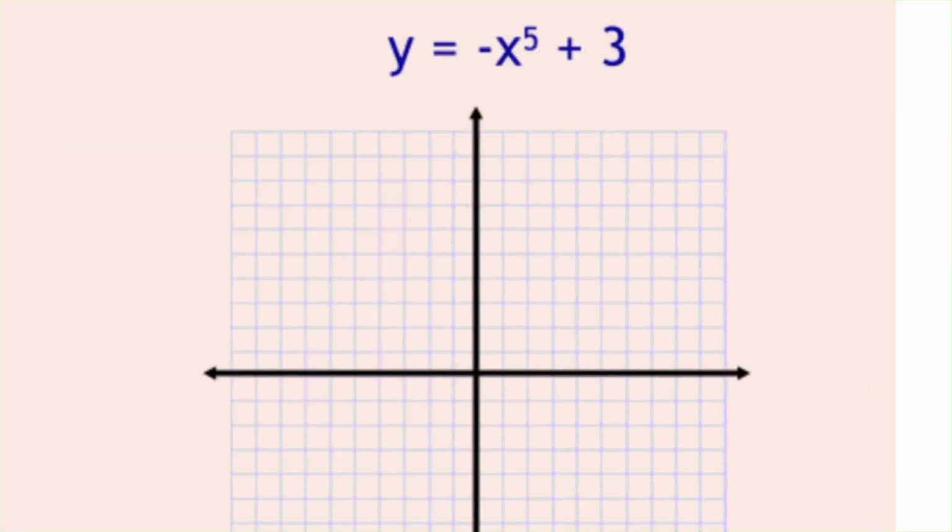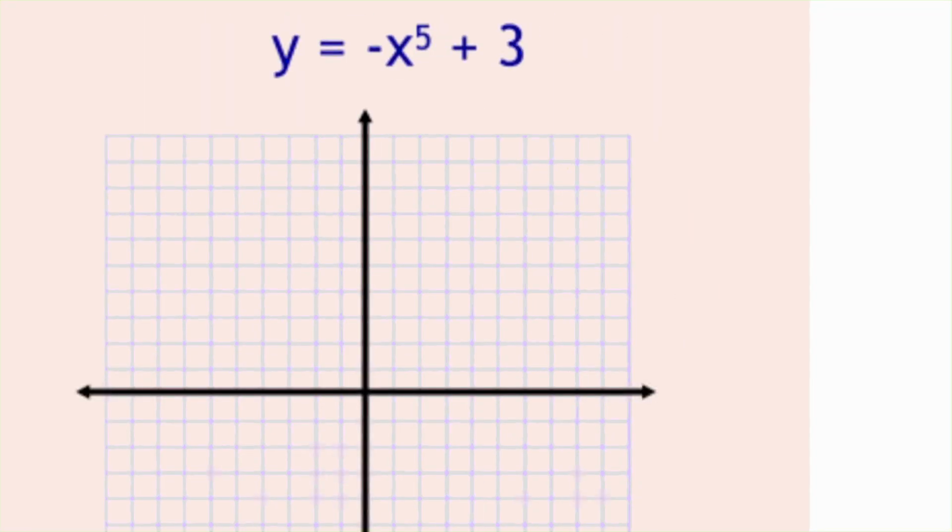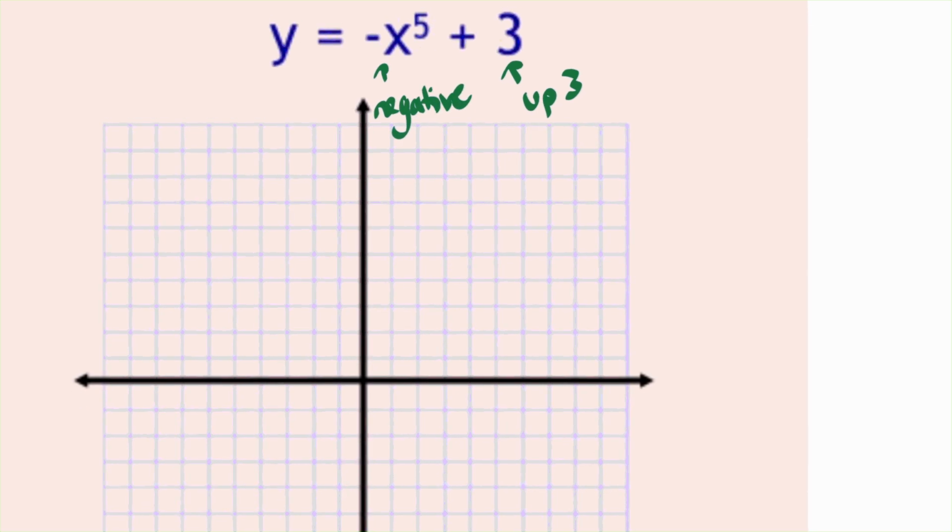If we look at the other one, we have a negative 5th degree graph moved up 3. So you take your normal, what I do is I look at the cubic graph. This is y equals x cubed. And I'm going to move it up 3.